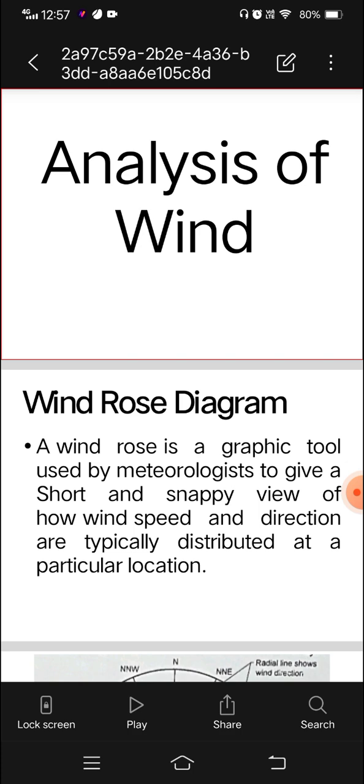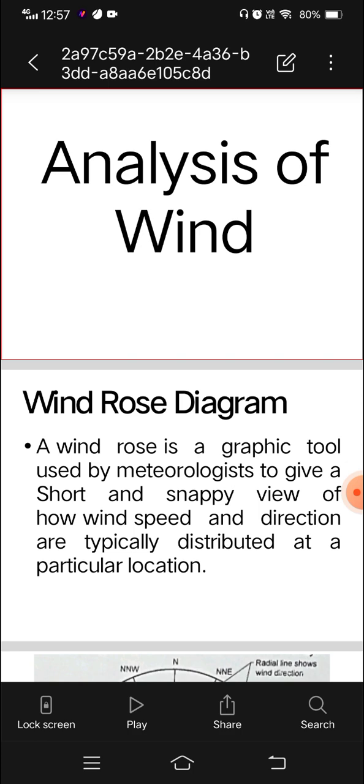So, in this analysis of wind, the major role is played by the Windrose diagram, with the help of which we can analyze the wind and other data also. The important thing is the Windrose diagram.